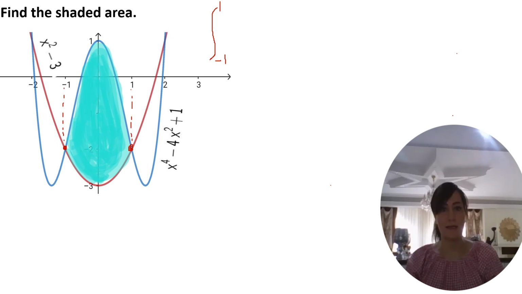Here the upper one is this graph, which is x to the power of 4 minus 4x squared plus 1, now minus the lower graph, which is x squared minus 3, dx. That dx applies to all these expressions, so I put this expression inside the parentheses.